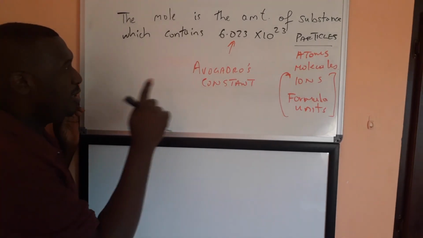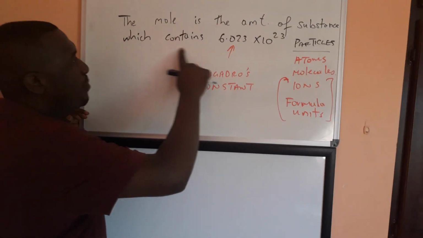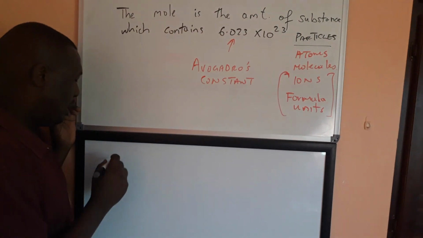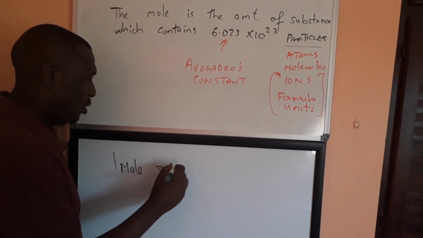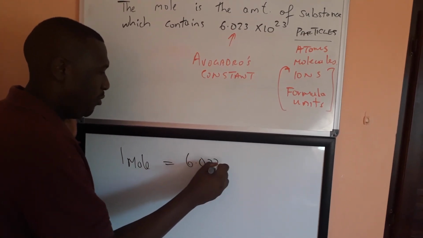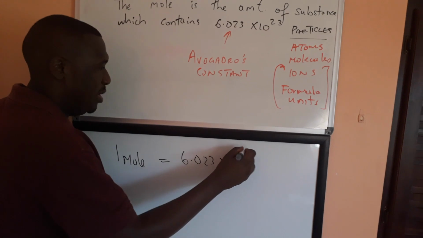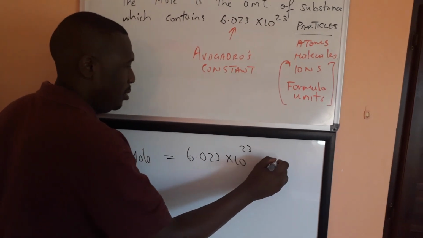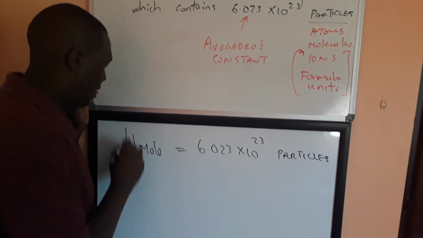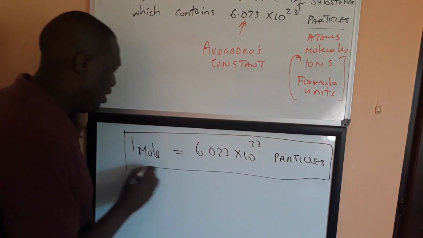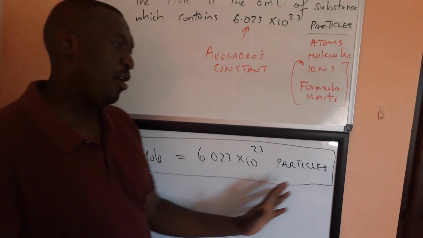Now, what does this mean mathematically? If I express this mathematically, it's saying that 1 mole is equal to 6.023 times 10 to the 23 particles. That's what it's saying, and that's what we need to remember for the definition of the mole.